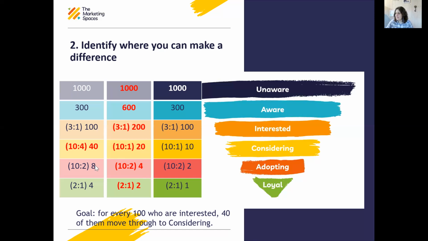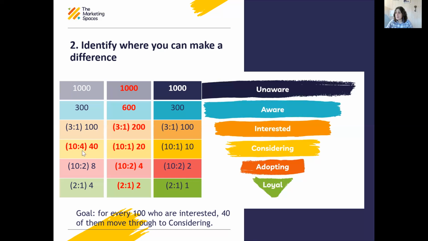We know that for every 100 people, only 10 are considering. Only 10. Can we improve that? So if we said for every 100 people, we could improve this conversion rate to 40. So instead of losing 90 people, we only lose 60. 40 of them come through.